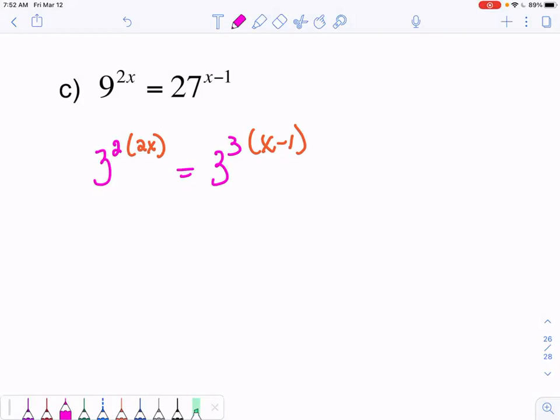So 9 we know is 3 squared, but there's a 2x there, so that makes 4x. On the other side, 27 is 3 cubed with the x minus 1, which makes it 3x minus 1. So Alyssa, x would be equal to, in part C. -1, yeah.